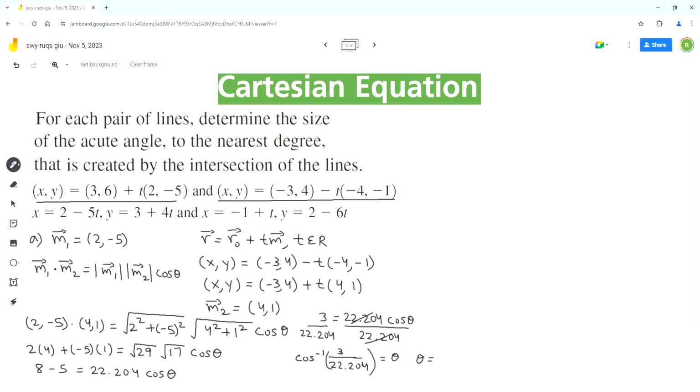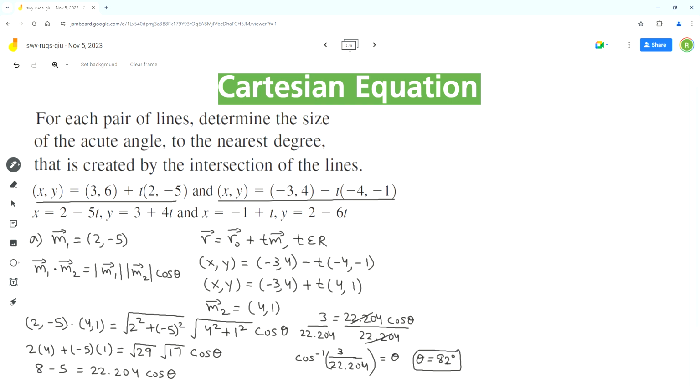And now we can evaluate this inverse of cos. So I got almost 82 degrees. So this is the acute angle between the direction vectors, and it is also the acute angle between the lines, because the angle between the direction vectors is equal to the angle between the lines. So this should be the final answer for part A.